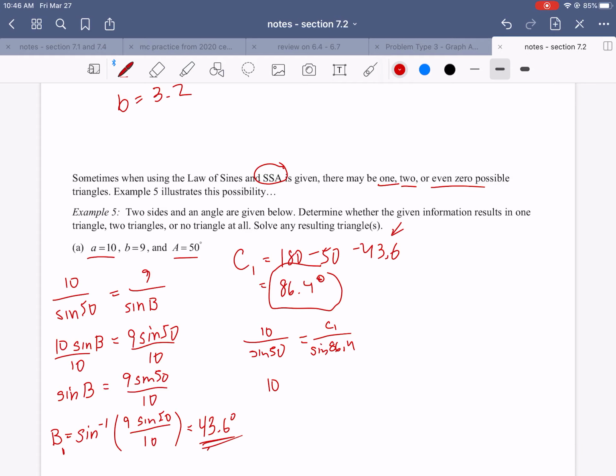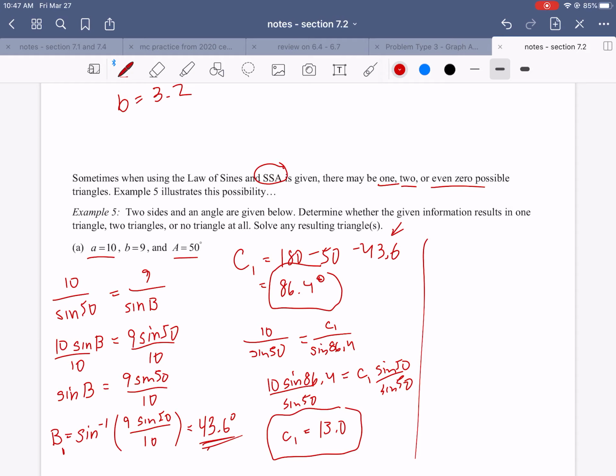So 10 sine of 86.4, I'm just cross multiplying here, is going to equal c1 times the sine of 50. And then dividing both sides by the sine of 50 is going to give you little c1 equal to 13.0, and that finishes the solving of triangle 1.